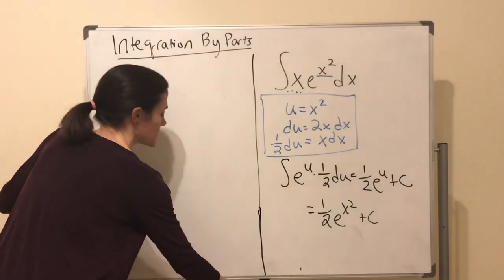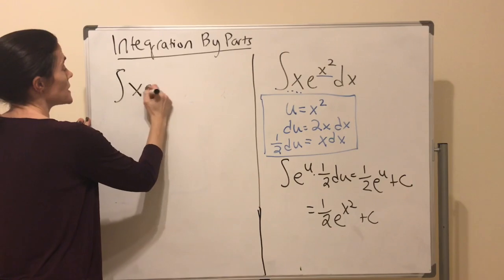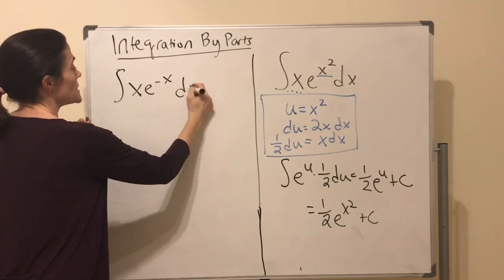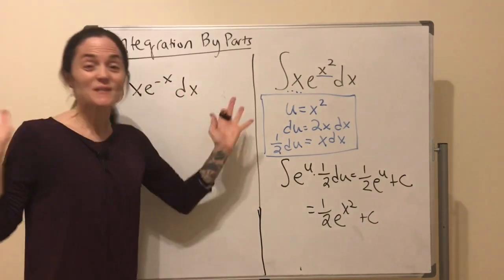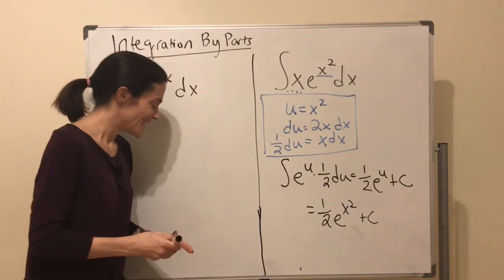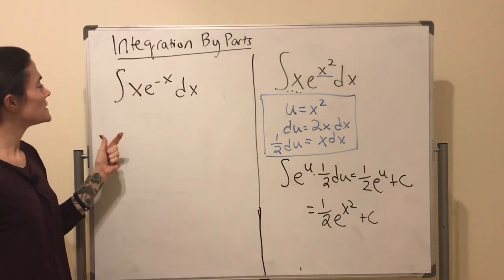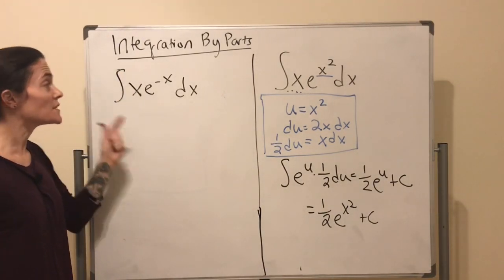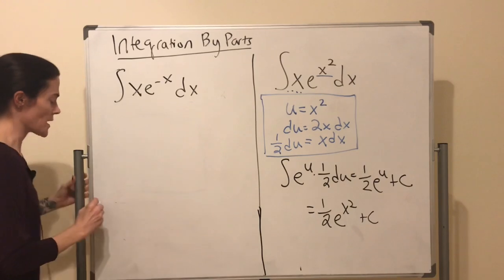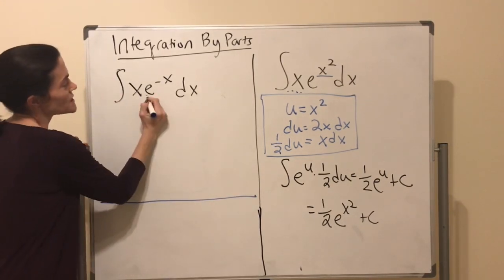Now I'm going to have an integral of x e to the minus x dx. Okay, they almost look the same. They both have an x times e to something. Now, this will not work with substitution.